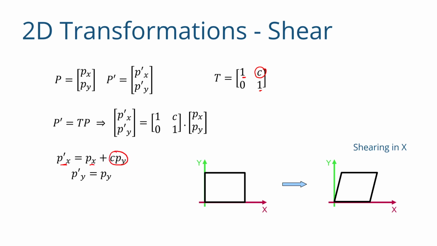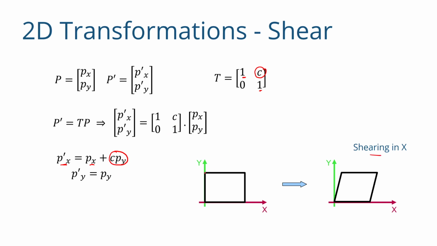This is very interesting. You find that the x coordinate is being changed by a multiplicative scaling of the y coordinate. Okay, so this kind of a transformation is known as a shear, and this particular shear is a shearing in x direction.